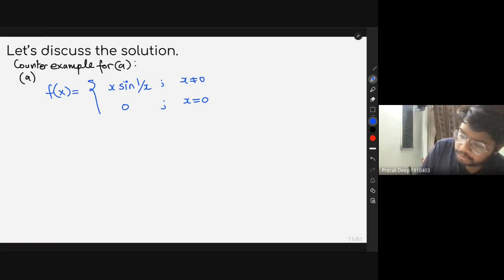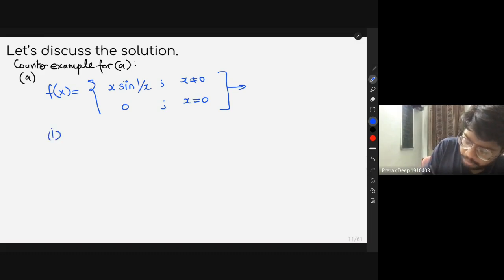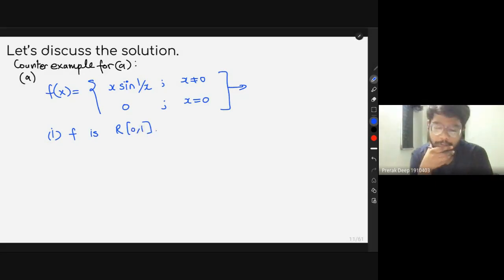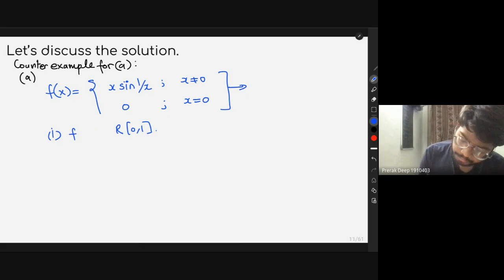So first we claim, number one, that f is Riemann integrable on [0, 1], let's say, on this closed interval [0, 1].